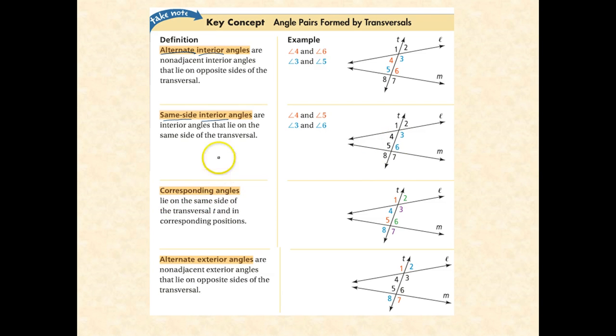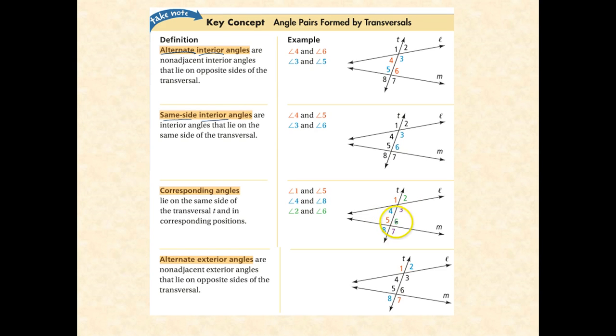Corresponding angles lie on the same side of the transversal and in corresponding positions. So basically, thinking about these two lines, you can say the top left angle here and top left there, those are corresponding. Top right here, top right there, those are corresponding. Bottom left here, those are corresponding.